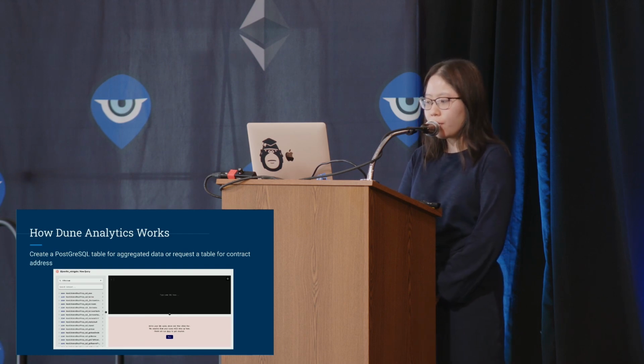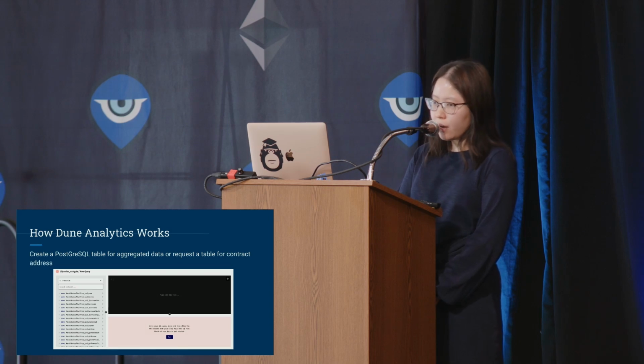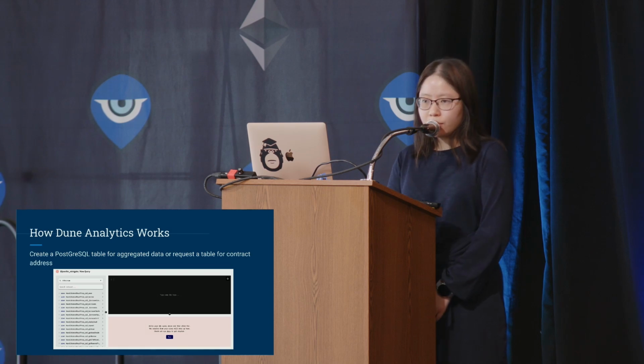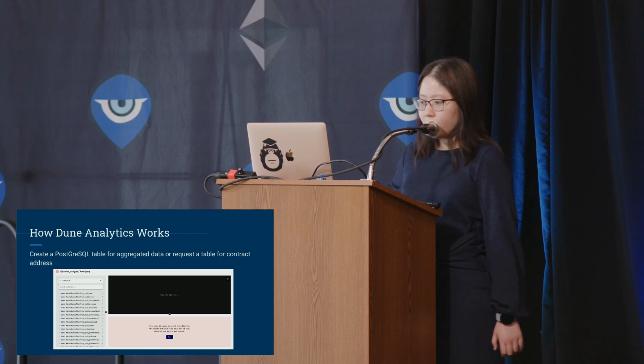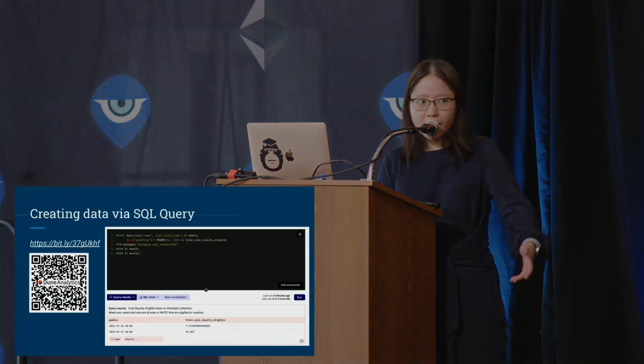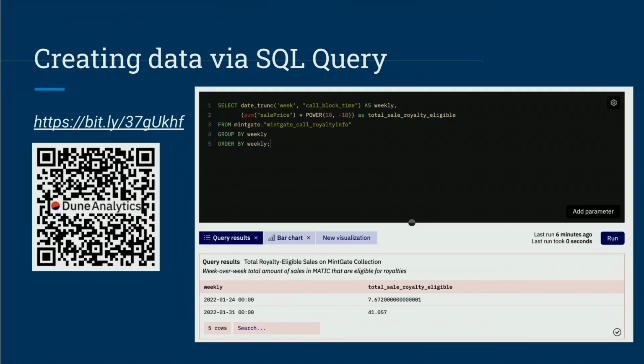So you can request them to query the MintGate contract or any contract address to a table. And here is an example of one of the queries that I have created. You can actually scan that QR code and go see the live query/dashboard.